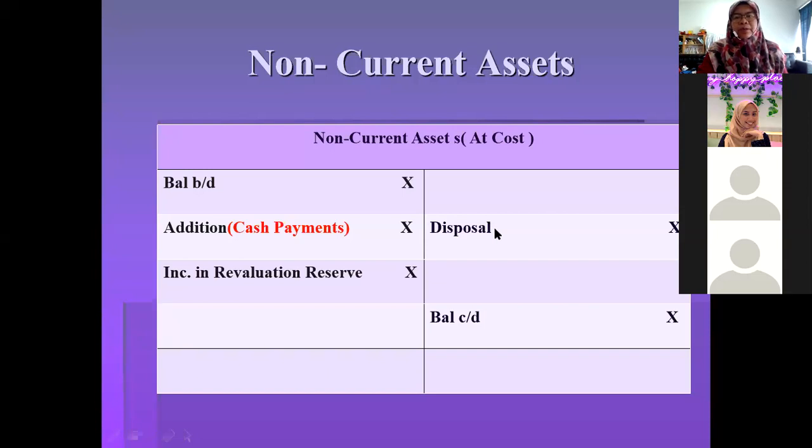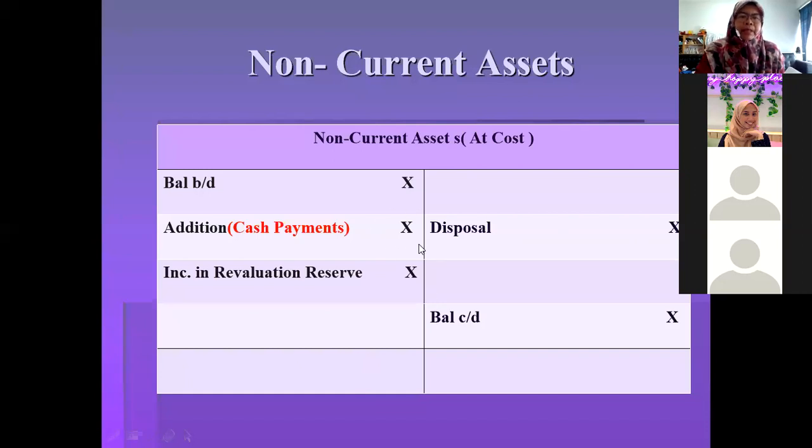Disposal of non-current asset, disposal account. So bila you ada disposal, you kena transfer dia punya cost price from the asset account masuk dalam disposal account. Okay, so disposal kat sini. Question part A: sold equipment costing 51,000. Sebab tu you kena transfer here 51,000 masuk disposal.